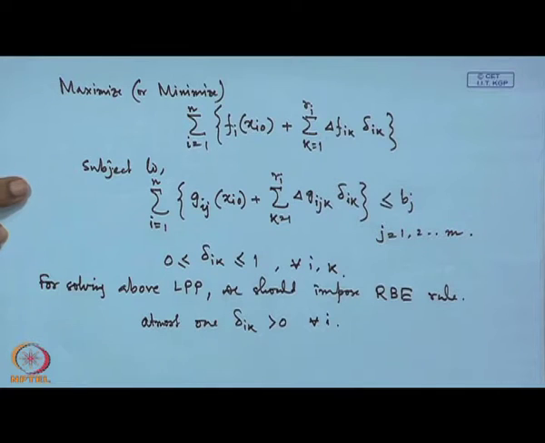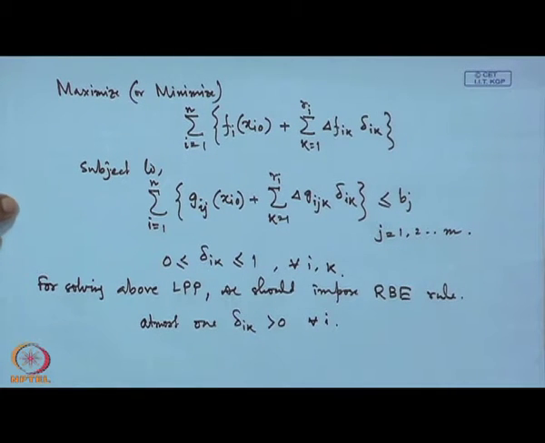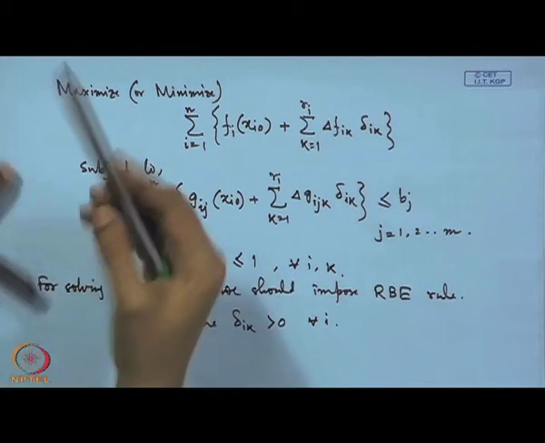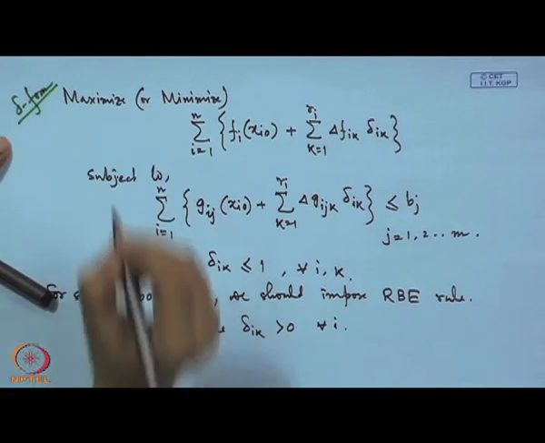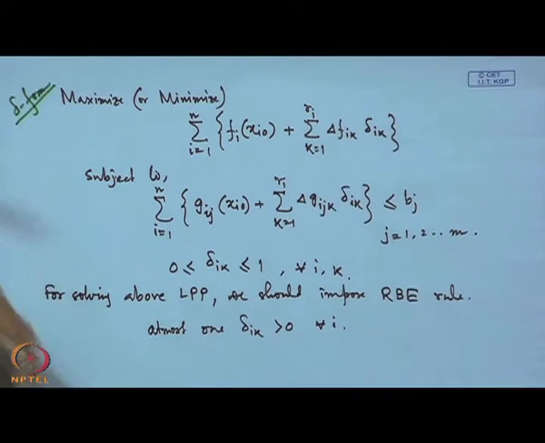All right. Thus, this is where we have arrived at the delta equivalent form of the separable programming problem.